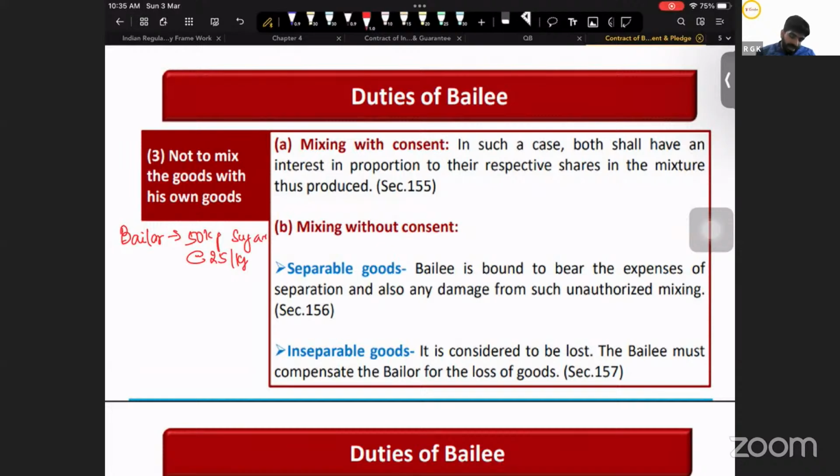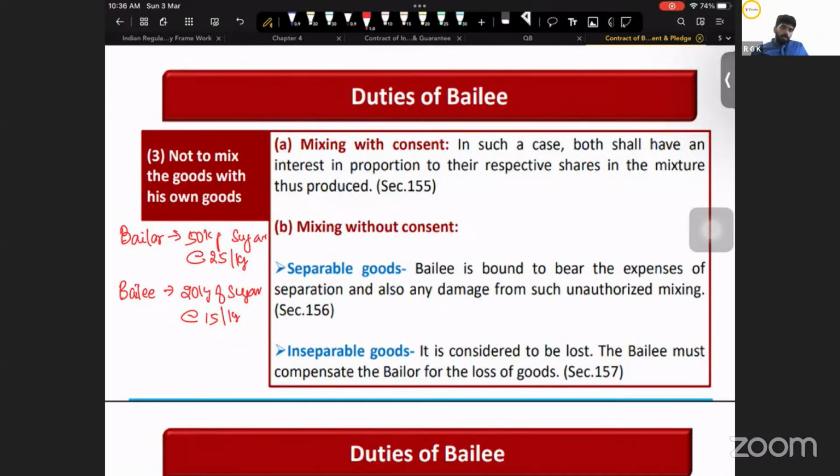Now, bailee also has some stock of sugar. Let us say 20 kg of sugar, of a little inferior quality, at 15 rupees per kg. Bailee's goods are 15 rupees per kg sugar.